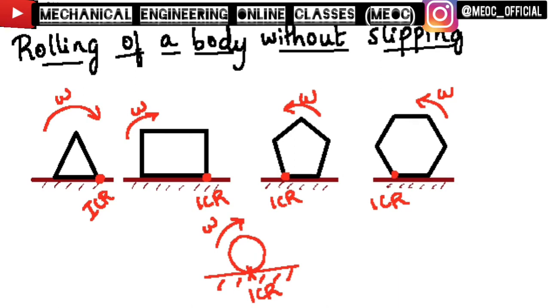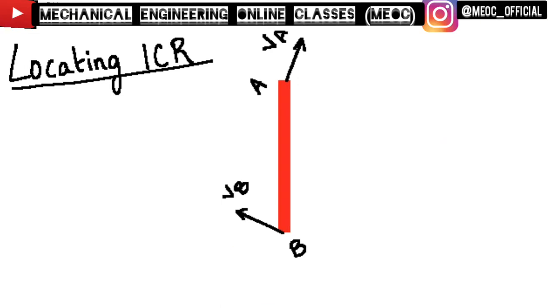Let us learn to find I in some of the cases. This is a case where rod AB is performing a plane motion and we know the velocity directions at two end points A and B. Then we have to draw the perpendiculars to the velocity directions.